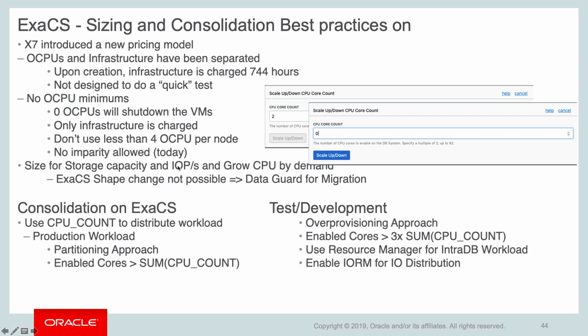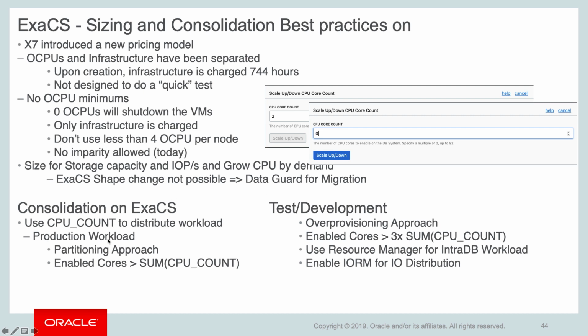Size for storage capacity and IOPS. CPU can be scaled based on the demand. ExaCS shape change is not possible at the moment, so the only method to adopt here is to use Data Guard for migration. It is very important for you to keep that in mind. If a workload requires a half rack, better go for it than doing this whole migration effort.